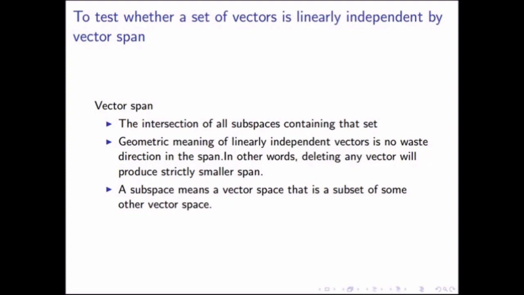The geometric meaning of linearly independent vectors is no wasted direction in the span. Every vector gives a new dimension. So, deleting any vector will produce a smaller span. For additional information, a subspace means a vector space that is a subset of some other vector space.